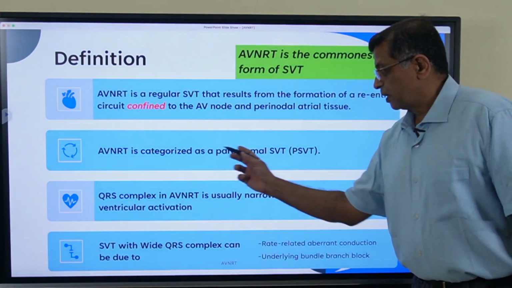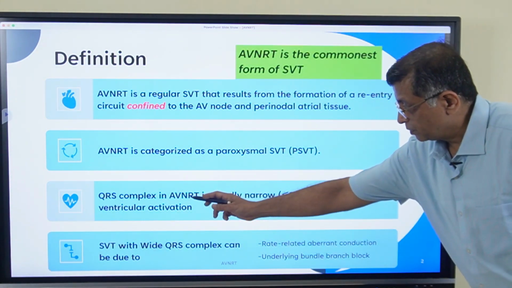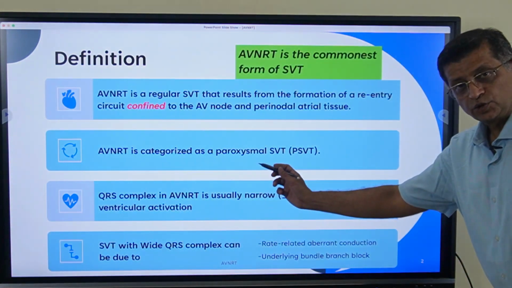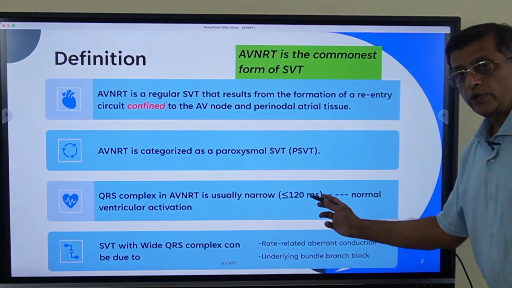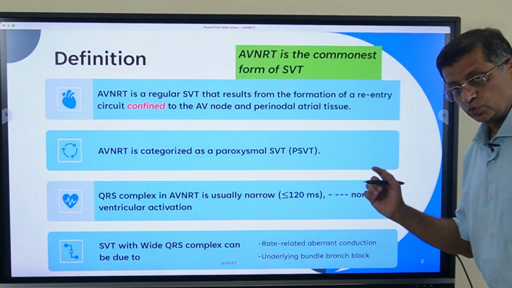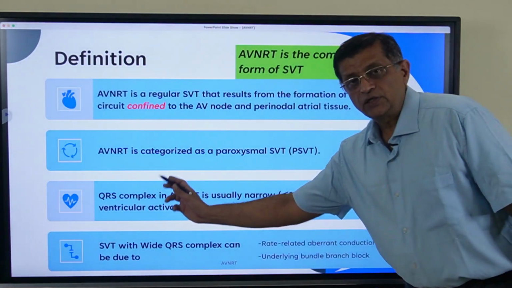It is categorized as paroxysmal because it occurs suddenly, and QRS complex in AVNRT, like other supraventricular tachycardias, is narrow, that is less than 120 milliseconds or 3 small squares. That is because the ventricular activation is in normal sequence.